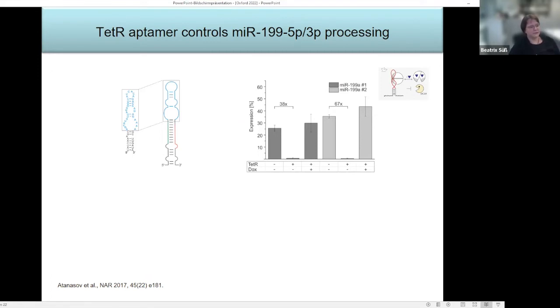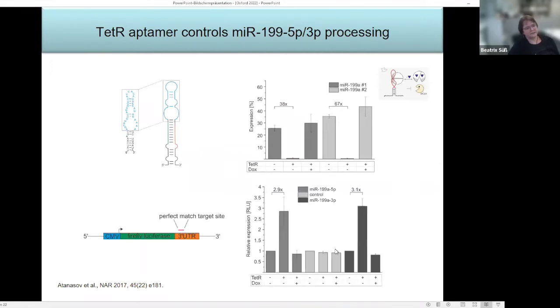If we then add, in addition to TET-R, doxycycline, then we can restore the level of microRNAs. And this worked excellent for 199, but also for the other microRNAs we tested.